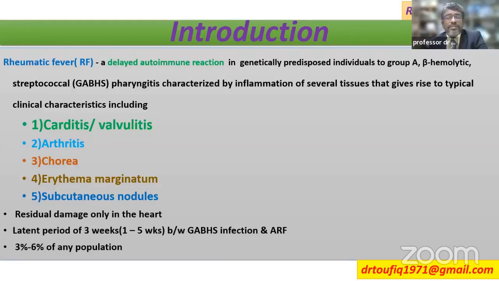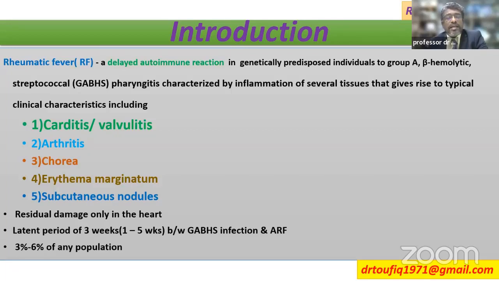And it may give rise to complications like rheumatic valvular heart disease, usually found as rheumatic mitral stenosis or mitral regurgitation, or aortic stenosis and aortic regurgitation. It may also involve the nervous system in the form of chorea, usually called Sydenham's chorea, a specific type of chorea also called Saint Vitus dance. Later we will discuss it in detail.